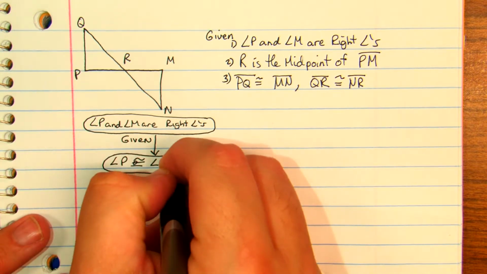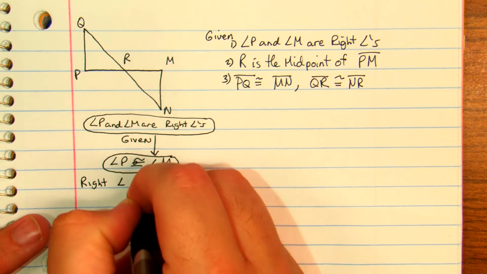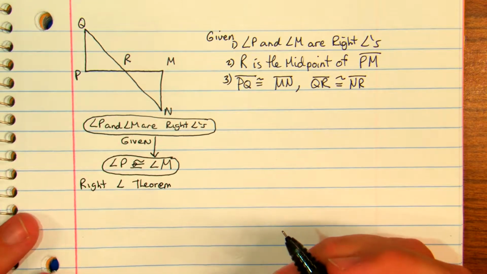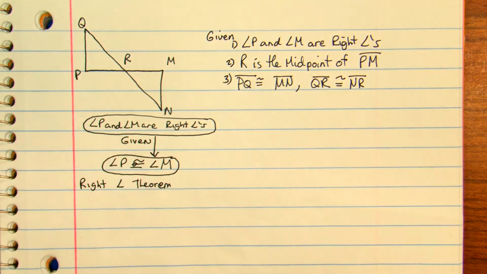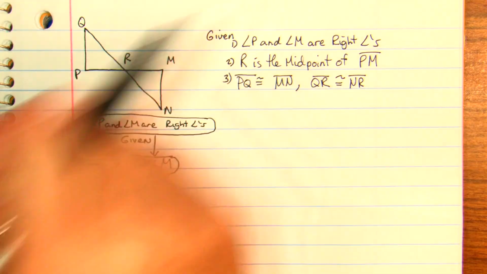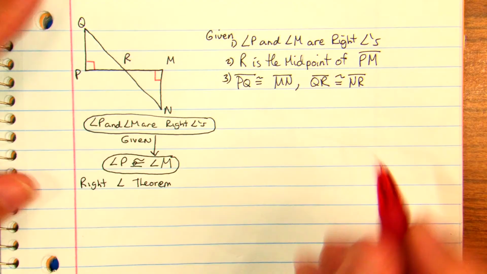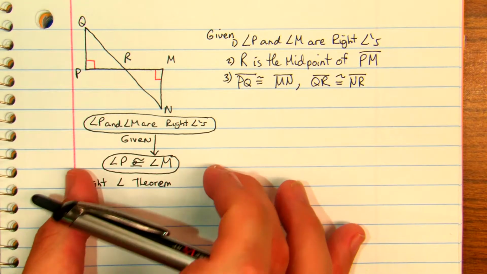And there's actually a theorem that's called the right angle theorem. We talked about that, I think, a while ago. All right angles are congruent to themselves. So I could go into the picture and I could do this. So this first piece of given information stops right here.